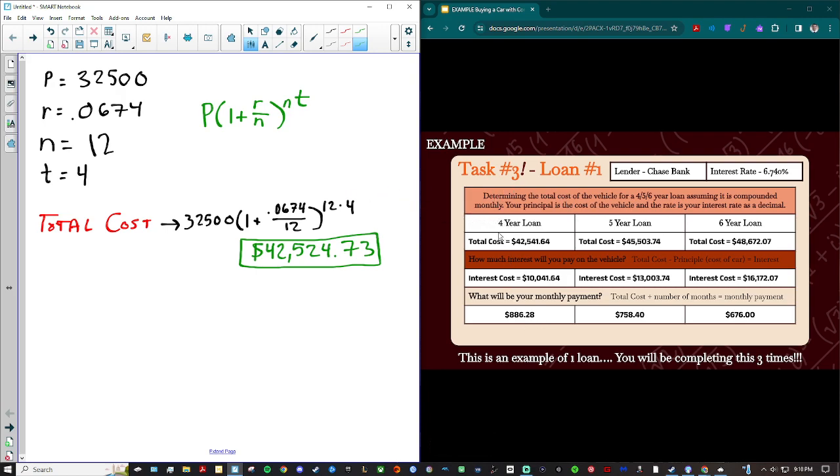Okay, so continuing, we're going to find our interest. Our interest is calculated by taking our total cost, which is what we just got, minus our principal, the amount of the car. So this is our interest. So let's find interest.